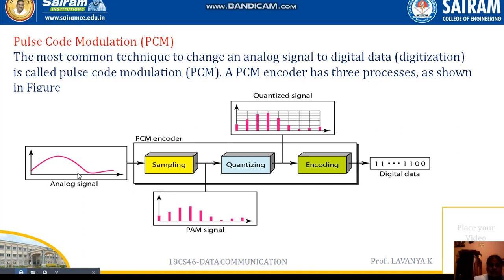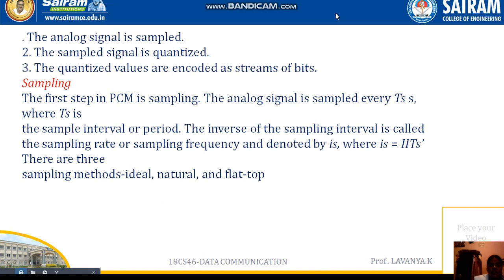So this is the analog signal. This analog signal reaches the sampling, quantizing and encoding. What are sampling, quantizing and encoding? We will discuss them one by one. Pulse code modulation takes care of three steps.